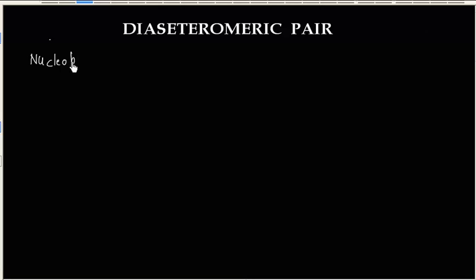So we have a nucleophilic addition reaction.